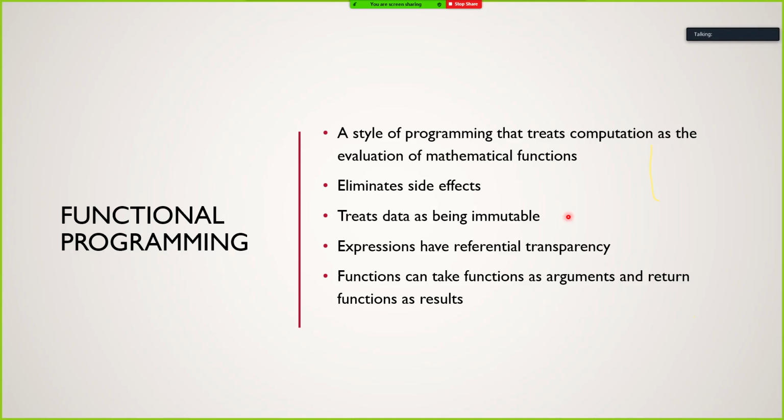This is one thing. And then, eliminate side effects. Whenever you build a function, a lambda calculus function, as part of functional programming, it should not use any other thing, and it should never update or delete any additional global things. It should just take care of the data it receives.